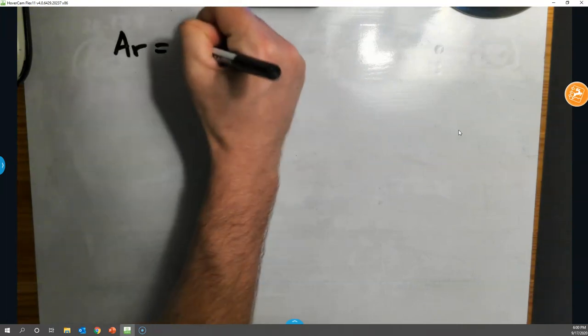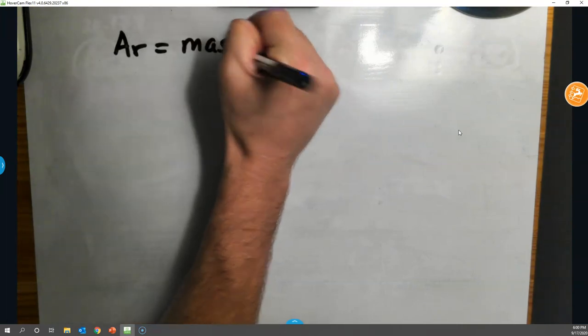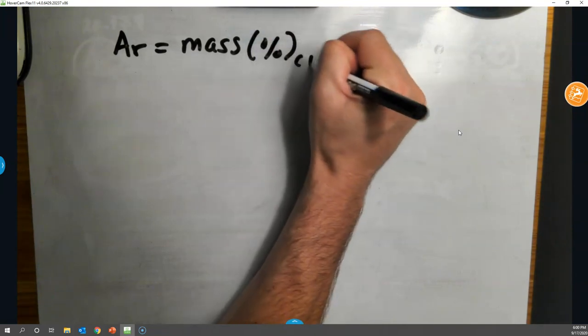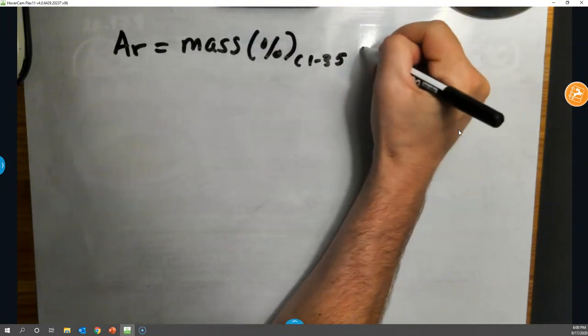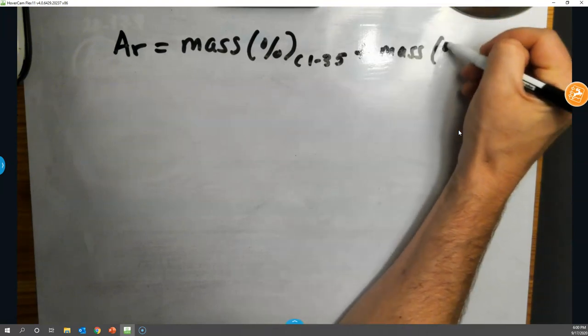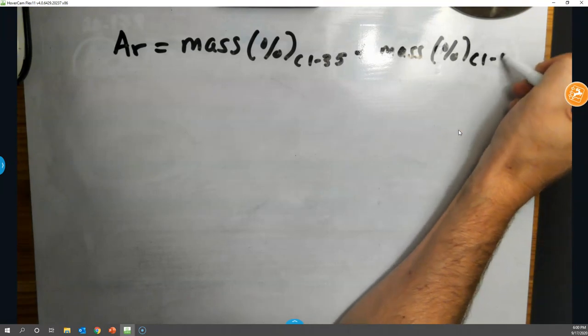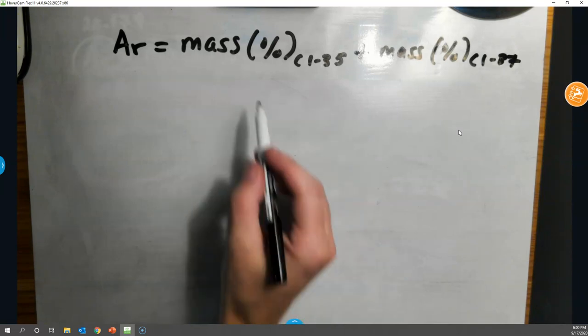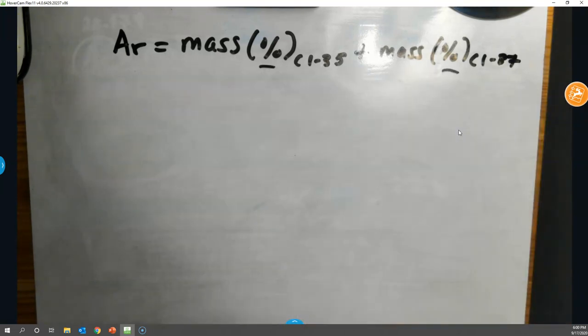A sub r will be equal to the mass of chlorine 35 times its decimal percentage, plus the mass of chlorine 37 times its decimal percentage. So we're going to have two variables in our equation. We got to take those two variables and use a system of equations to bring them into one.